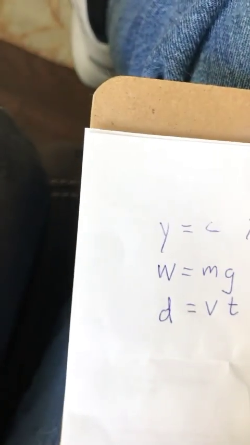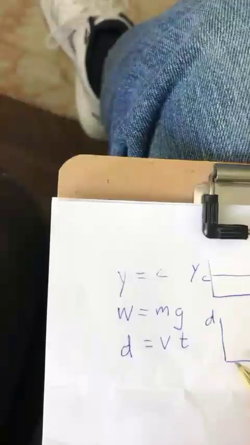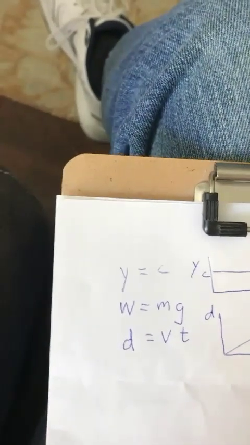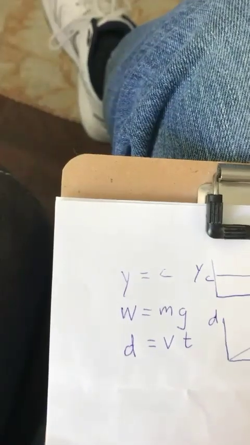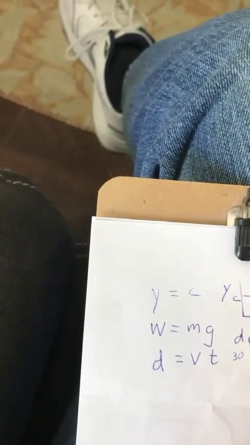So let's draw that. D, distance traveled over time, is going to increase with time, right? And when time equals 30 minutes, D will be 30 miles, if D is in miles.